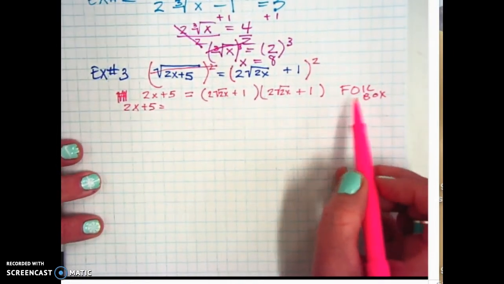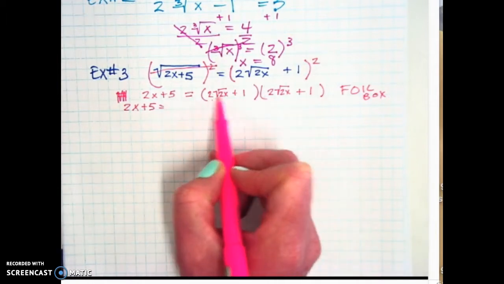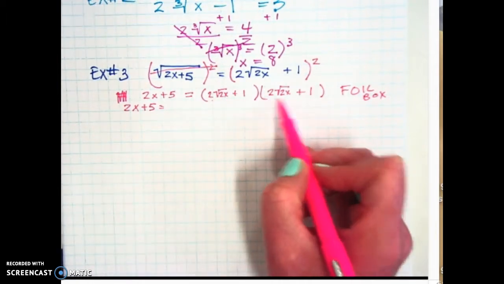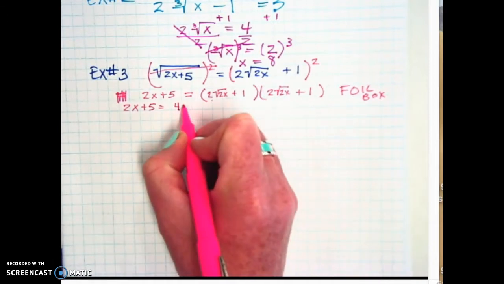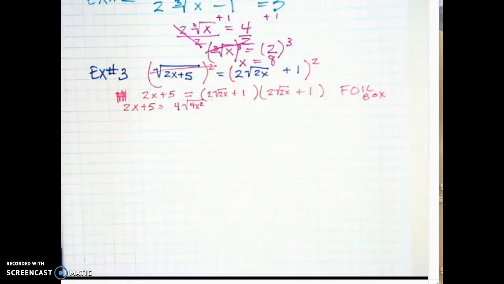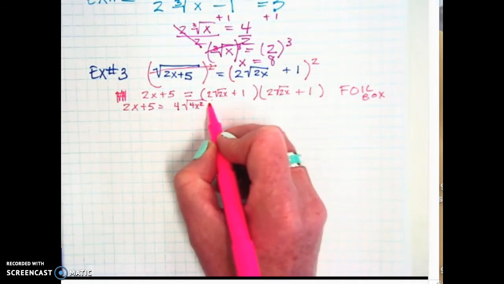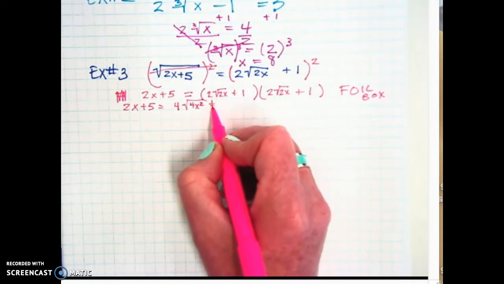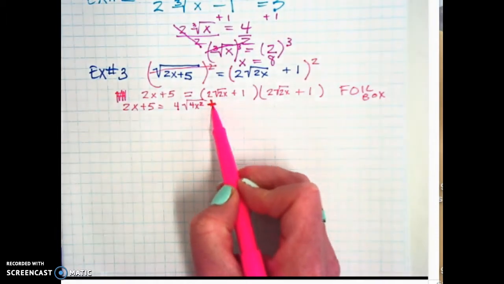So F is for first. 2 times the square root of 2x times the square root of 2x is going to get us 4 times the square root of 4x squared. O for the outside is 2 rad, that should be a plus, sorry. I wrote an equal sign, should be a plus.